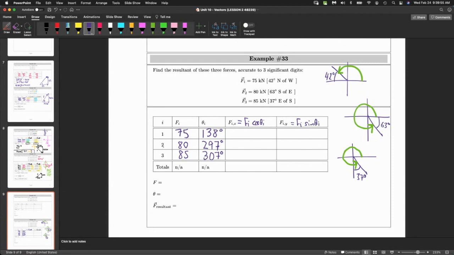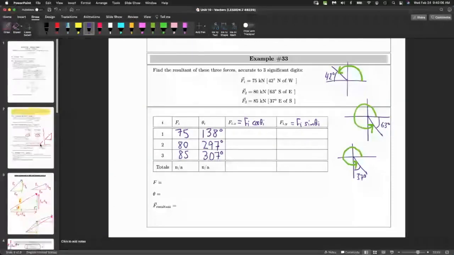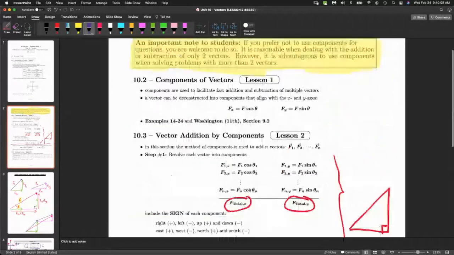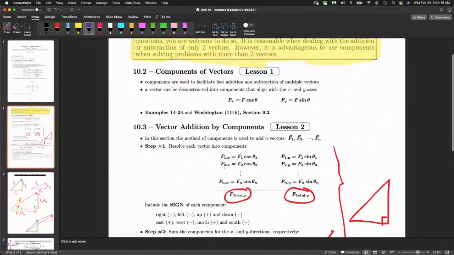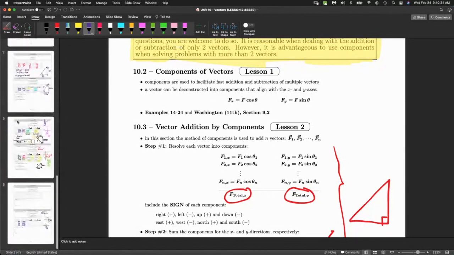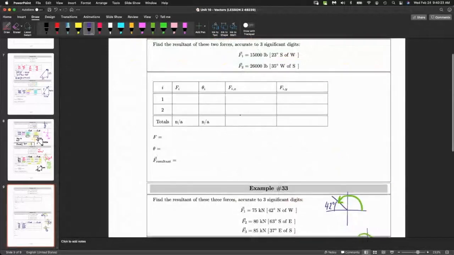My motivation for using this table, with the subscripts Fi, theta i, and Fix, is that I'm trying to make it look as close as possible to what we see here. You see how the subscripts are here? I'm using the notation as identically as possible to that notation there.